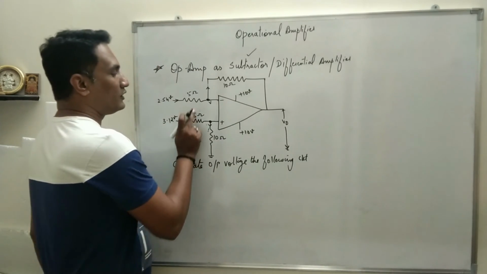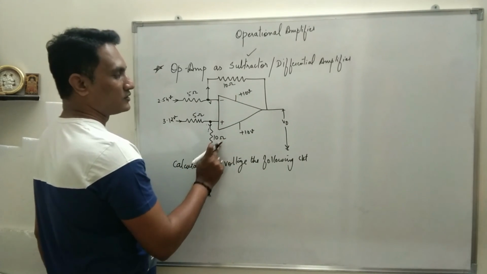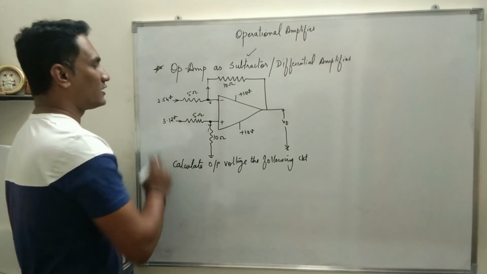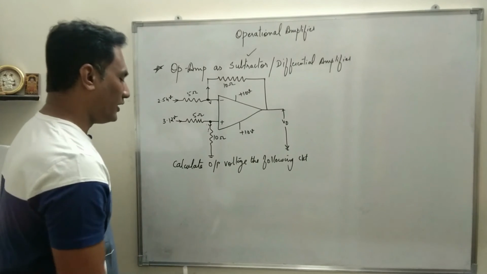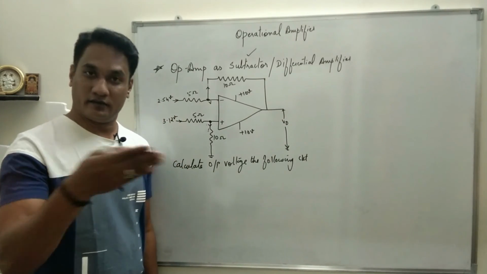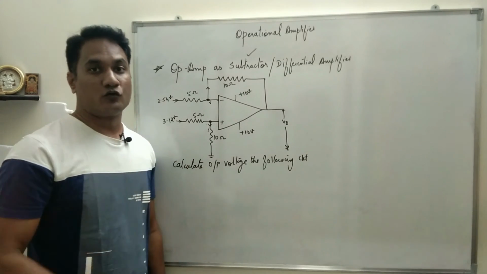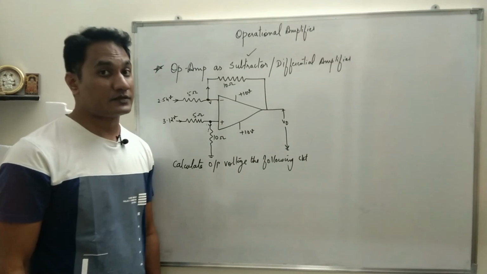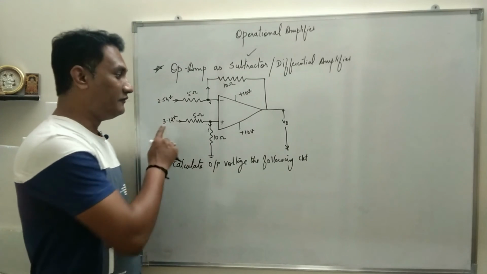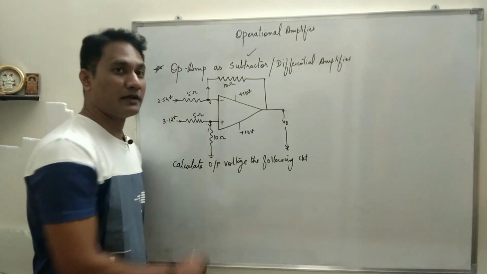Now the input resistance R1 is 5 ohms, the feedback resistance R2 is 10 ohms, plus VCC and minus VCC are plus 10 volt and minus 10 volt, and the inputs are 2.54 and 3.12. A very important thing to remember: in the previous section we obtained the output voltage for op amp as subtractor, and it is always V2 minus V1, where V2 was the potential applied at non-inverting and V1 was the potential applied at inverting.